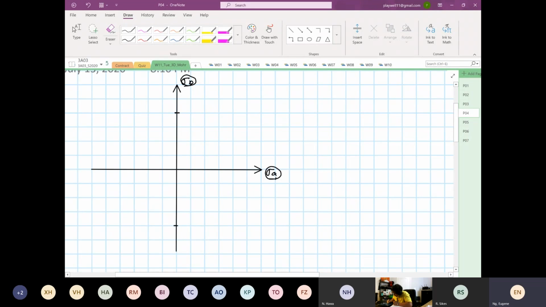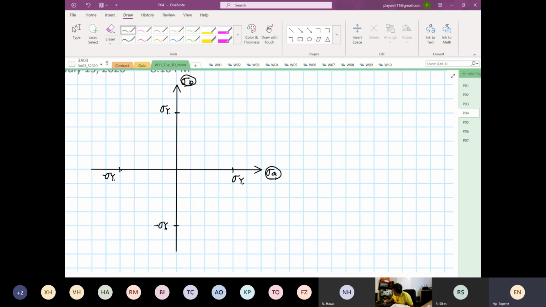I'm going to make 4 marks. So this is stress yield, and this is minus stress yield. Again, this is stress yield, and over here, this will be equal to minus stress yield.